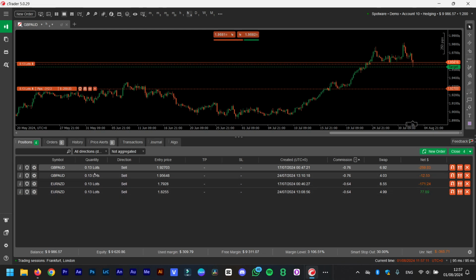So I am actually more. I am 3, 6, 9, 12. I'm using 0.12 lot sizing, way above my proportional lot size. So that's wrong.